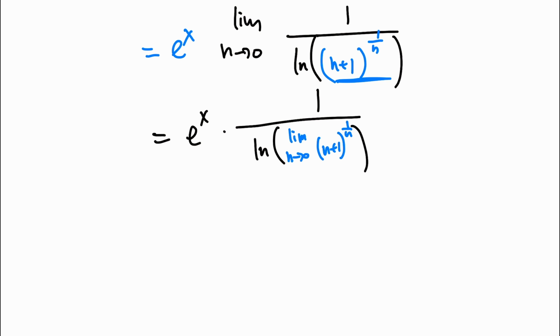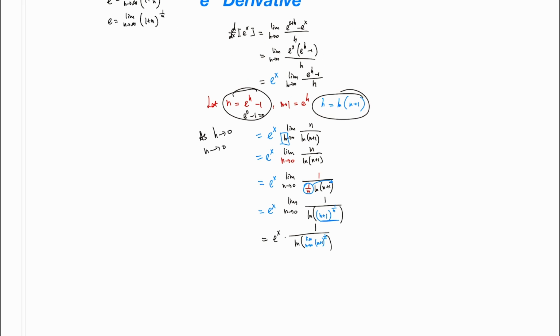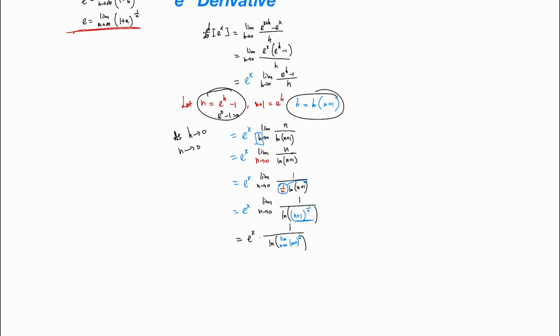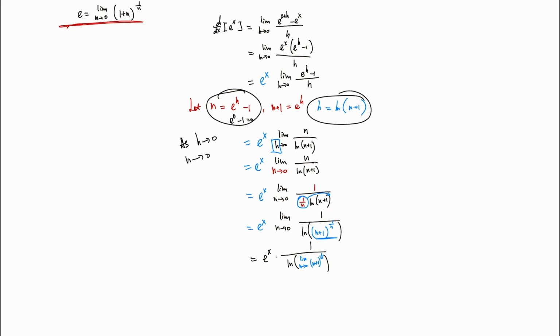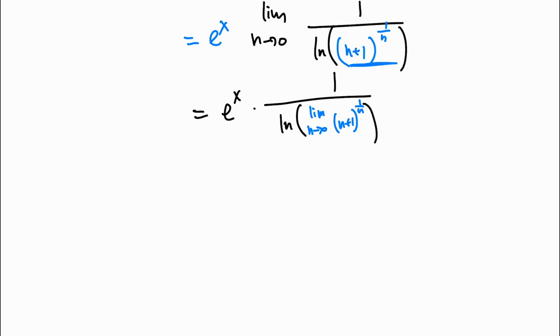We can put that n inside the parentheses. And we know that this is exactly one of the representations of e over here. Actually, I wrote that wrong. This should actually be as n approaches 0. My bad. And that is exactly our definition of e. It's not really a definition of e, but it's an expression of e that we can use.